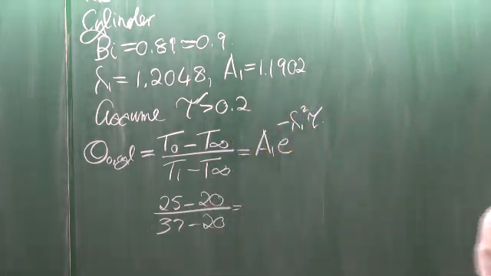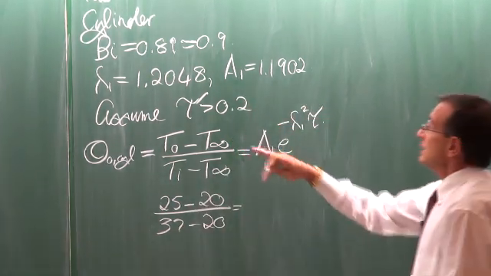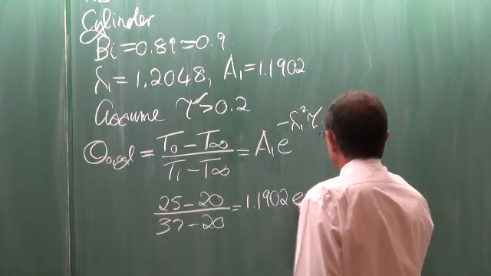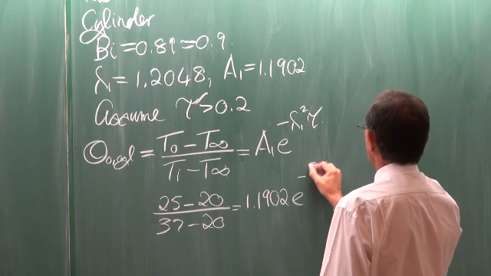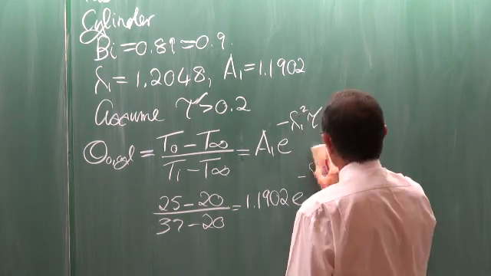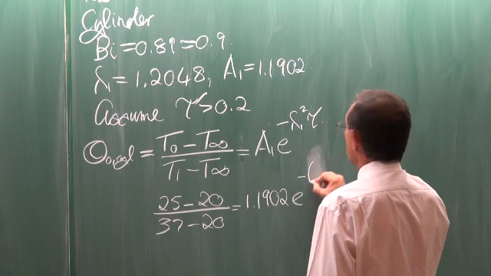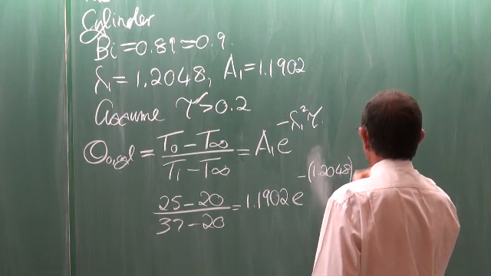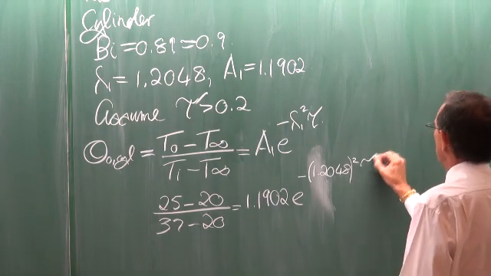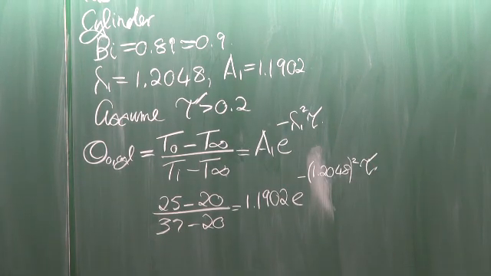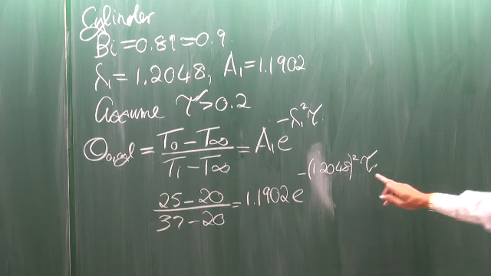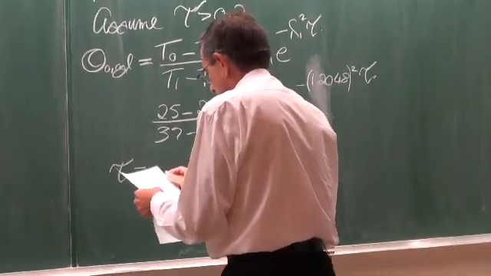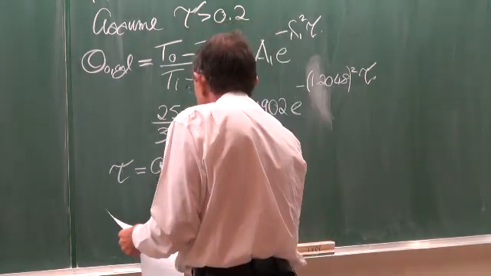Again, the environment temperature 20 is equal to A1, 1.1902, e to the minus lambda 1, and lambda is equal to 1.2048 square, multiplied by the non-dimensionalized time. And from this, I can solve the non-dimensionalized time as 0.963.